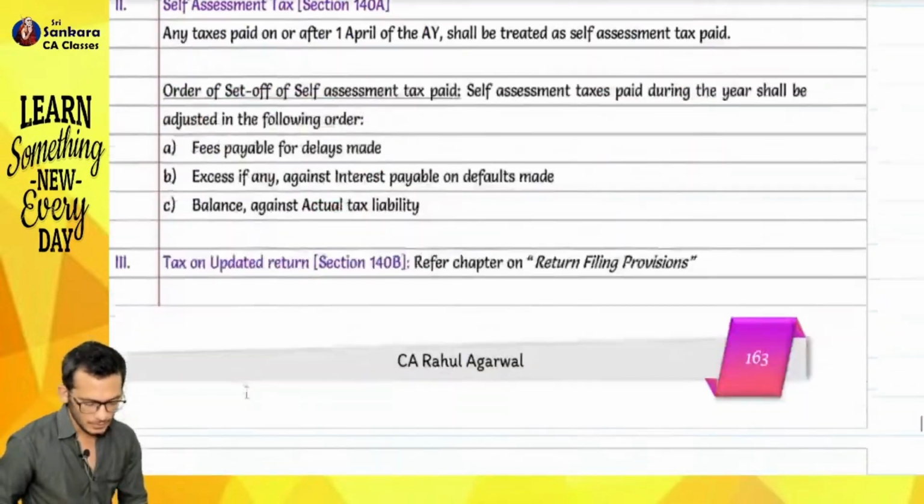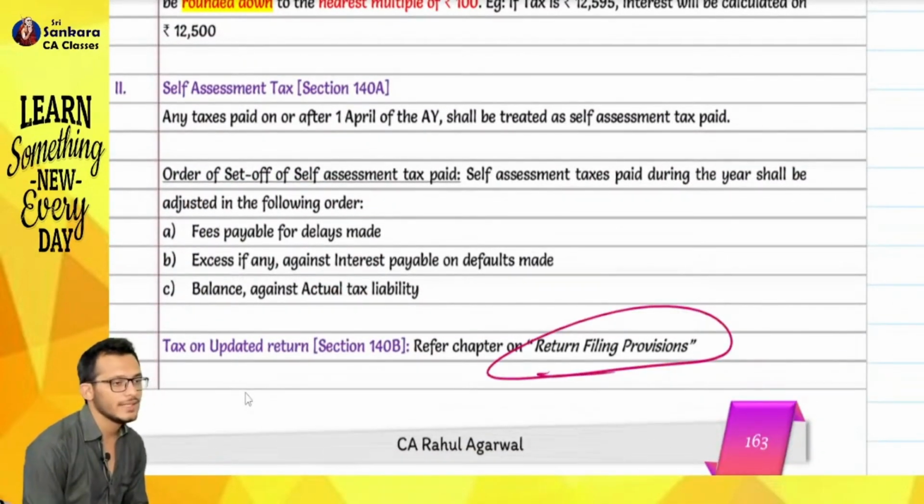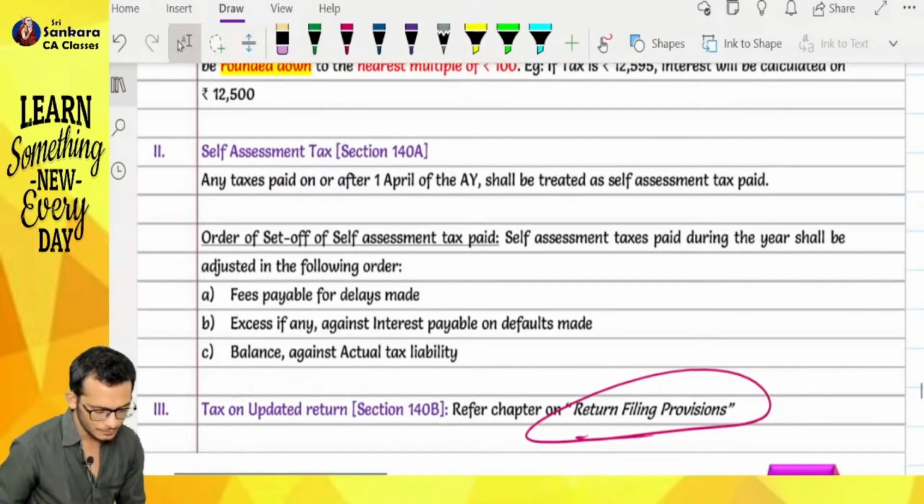Done. Self-assessment tax is what we discussed. Updated return we will discuss tomorrow. Yes, let me see if I have any questions.